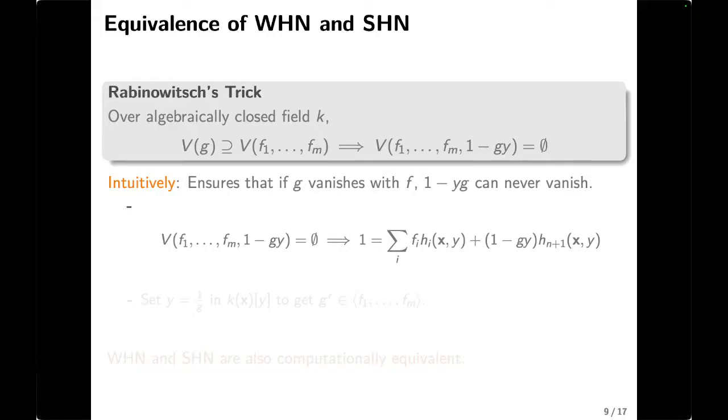And then if this is empty, using the weak Nullstellensatz, you can write 1 as a summation of these things, and since this holds in the ring, it also holds where the xi's are sent to the fraction field, and then you get that g lies in the radical of the ideal of f1 to fm. Another great thing about this is that it shows that WHN and SHN are computationally equivalent, because whenever you solve WHN, you can always solve SHN.